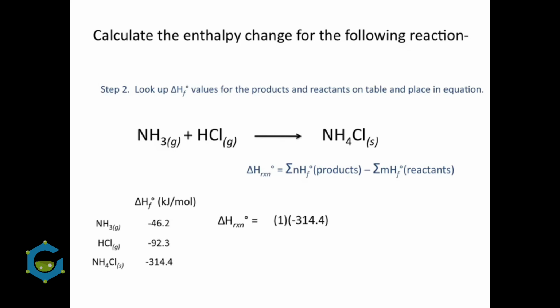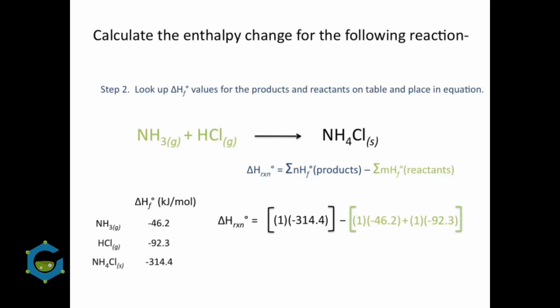So we look up the enthalpy of formation values for the products and reactants on the table. On the product side, we have 1 mole of ammonium chloride, and the delta H of formation of ammonium chloride is negative 314.4 kilojoules per mole. On the reactant side, we have 1 mole of ammonia multiplied by the delta H of formation value for ammonia, negative 46.2 kilojoules per mole, and also 1 mole of HCl as a gas, which we multiply by its delta H of formation value, negative 92.3 kilojoules per mole.